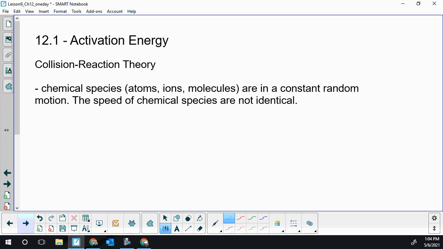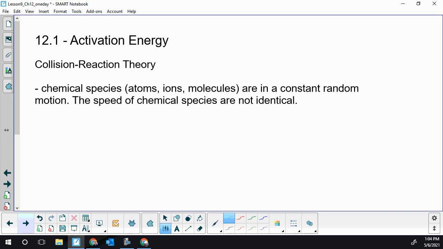Before we move into activation energy, we're going to recap a little bit of collision reaction theory and then roll into activation energy on the next slide. So the first point I want to recap about collision reaction theory is that all chemical species, regardless of their form, whether they're atoms, ions, or molecules, are in constant random motion.